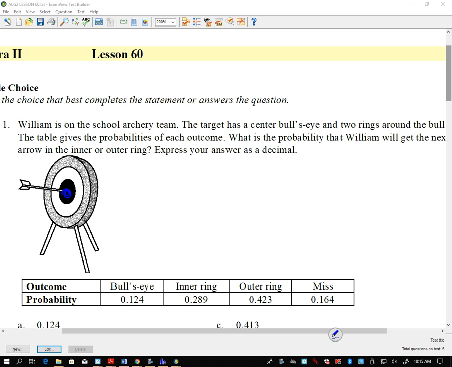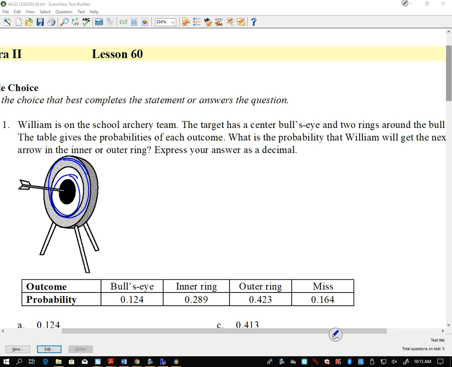I think what they're referring to is excluding the bullseye, so we want here or here. Basically everything except the bullseye or a miss.